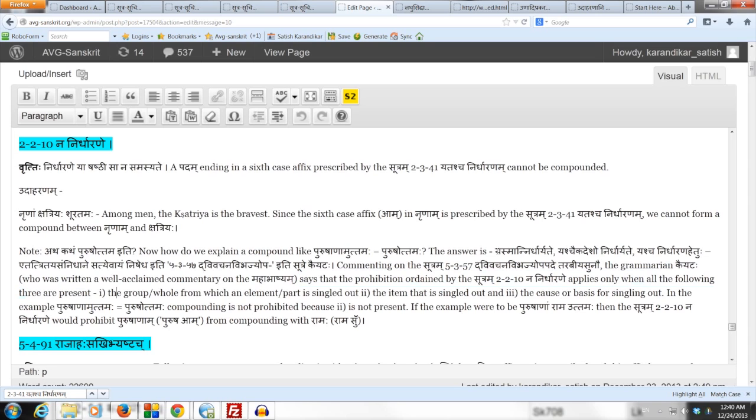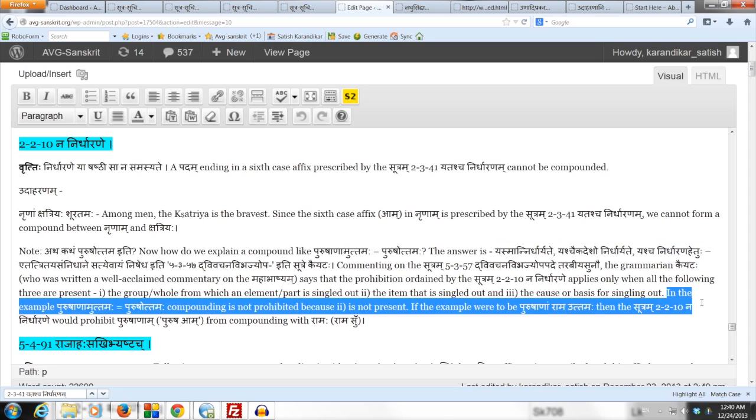First, Yasmat Nirdharyate, the group or whole from which an element or part is being singled out. Yascha ekadeshaha nirdharyate, the item that is being singled out, and nirdharana hetuhu, the cause or basis for singling out.